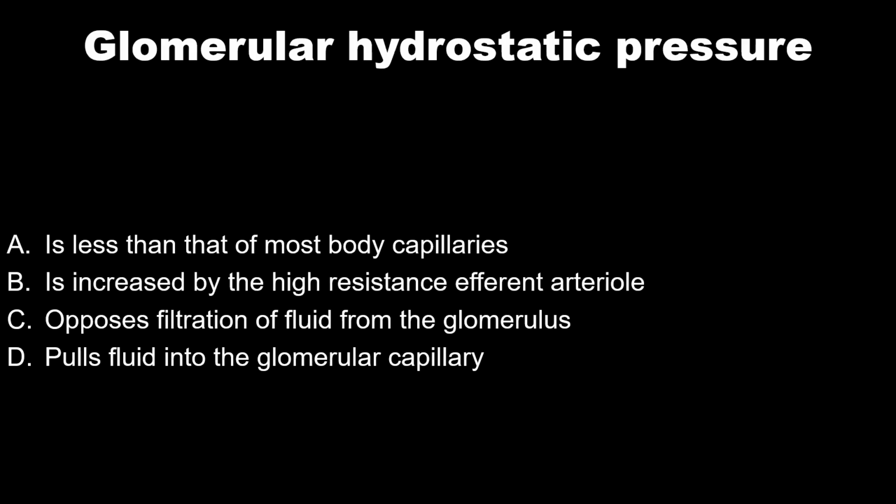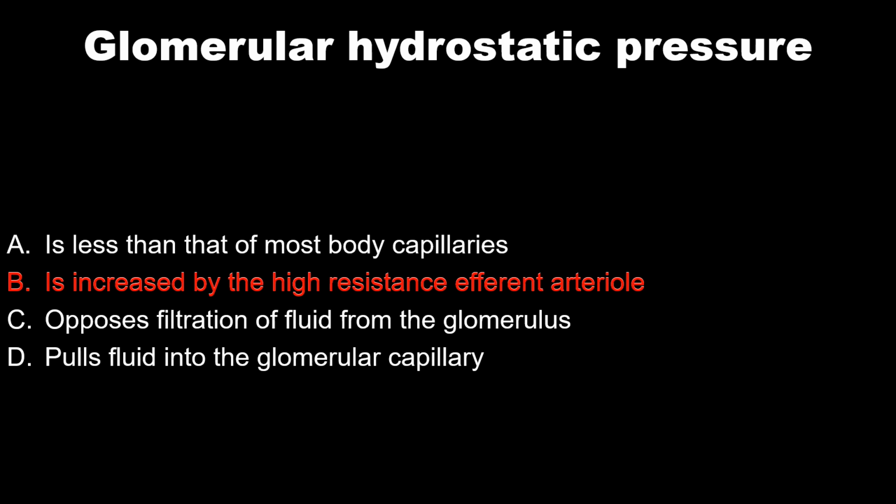Now, glomerular hydrostatic pressure is what of these? Which way does it push or pull water in the glomerulus? That is the first thing you need to know. So GHP, remember, is the one that pushes plasma out of the capillaries into the capsular space.